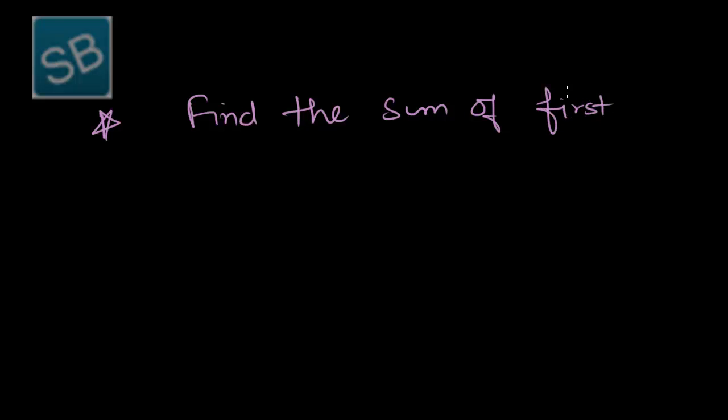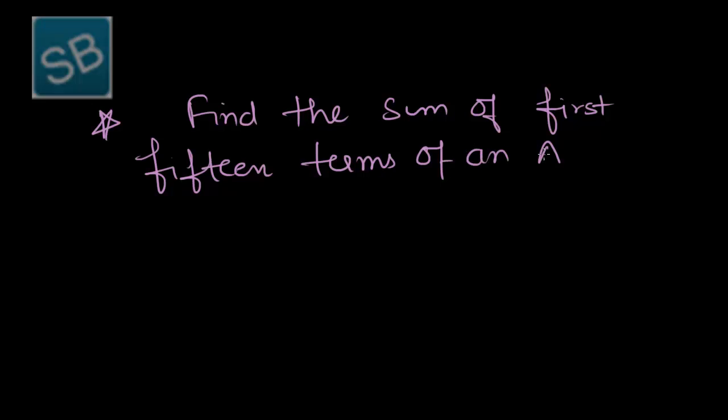Now we will do some problems which are based on AP series. So the problem is, find the sum of the first 15 terms of an AP, that is 15, 11, that is a decreasing series.